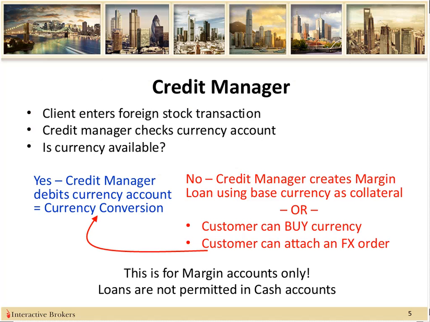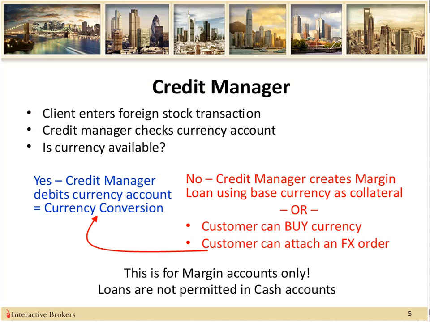The process of trading in an overseas market is made very simple in an IB margin account, thanks to the use of real-time risk monitoring enforced by our credit manager. Before execution of a trade in shares settled in a foreign currency, the credit manager checks the client account to verify whether a credit balance in the settlement currency exists.